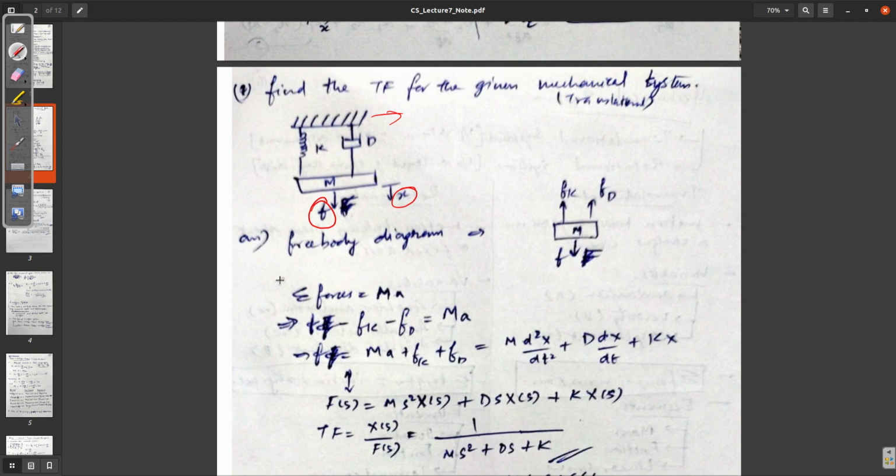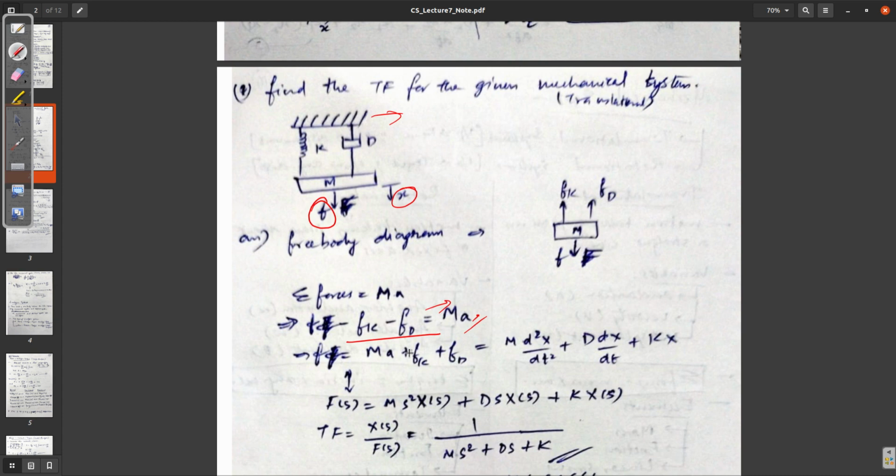Our equation is the sum of forces equal to ma, mass into acceleration. We are taking a direction into consideration here. So F minus Fk minus Fd equal to ma. We can move these two to this side, so we have F equal to ma plus Fk plus Fd.